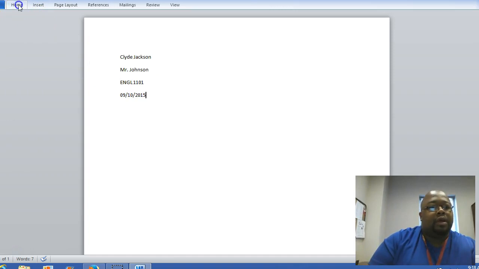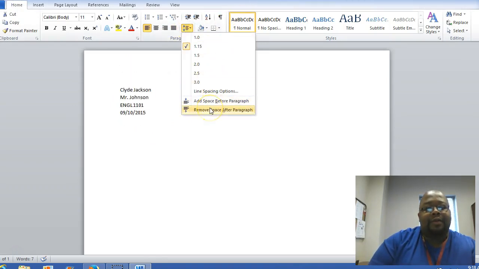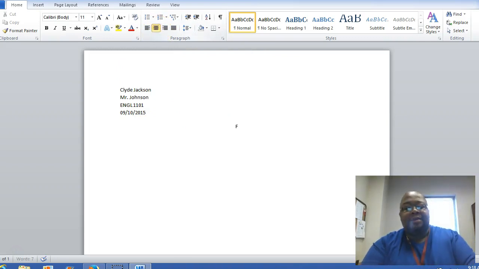Remember, we don't want this part of the essay to be double spaced, so we'll highlight it, click here, remove space after paragraph, click down to your next line, add space before to put a space in there. We're going to center it, and here we'll put the title of our assignment. I'm going to call this 5-paragraph essay.